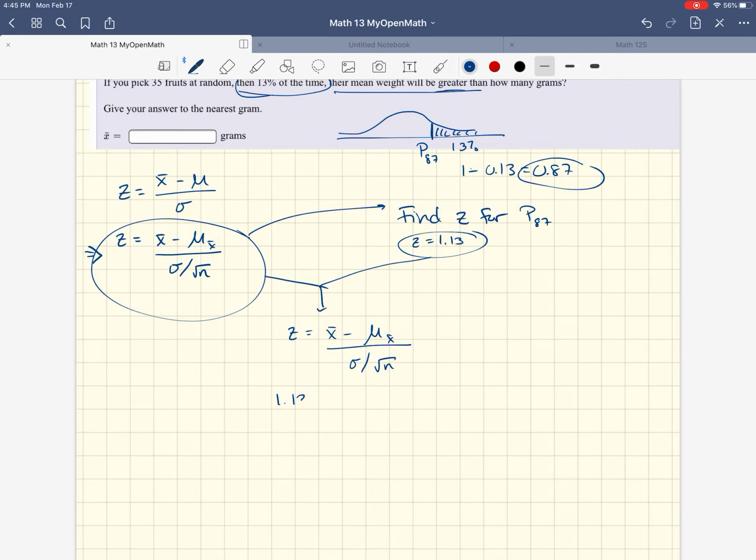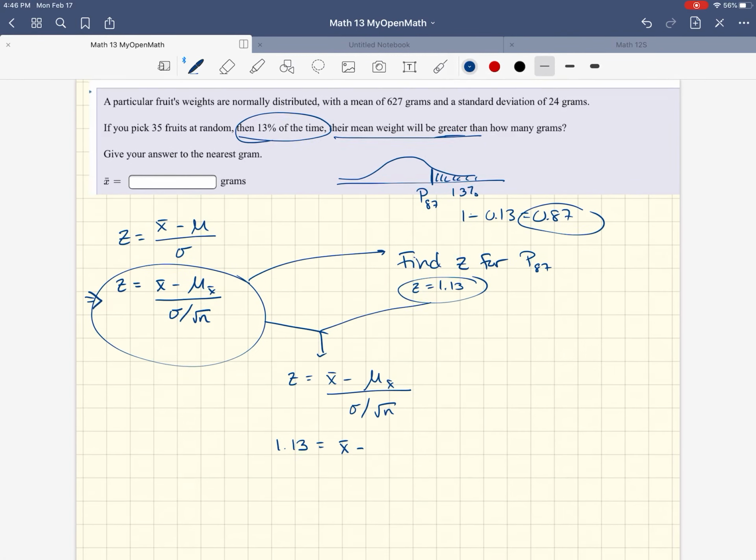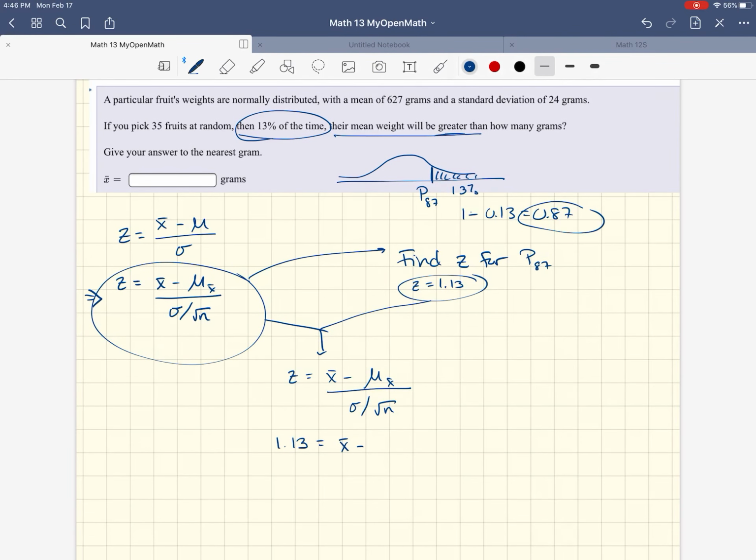In other words, 1.13 for our z-score equals x bar is what we're looking for, the sample mean, remember, is the same as the population mean, so that was 627, divided by our sample standard deviation, 24 divided by the square root of 35. Don't forget to divide by that square root of 35. It's an easy thing to forget.